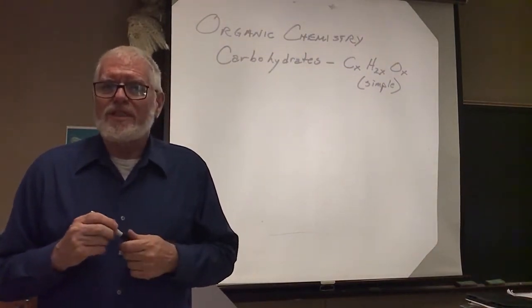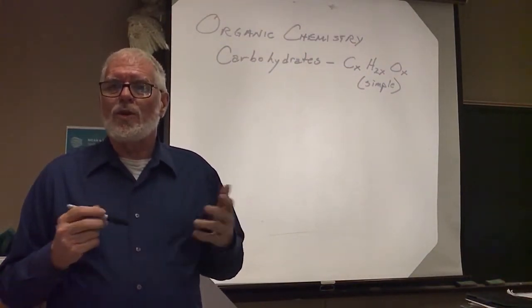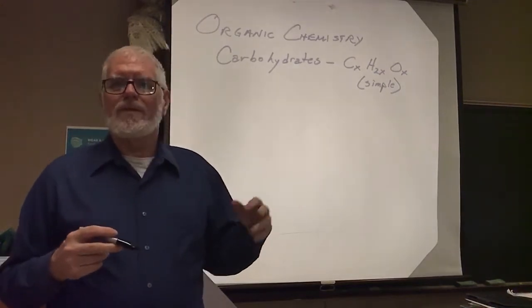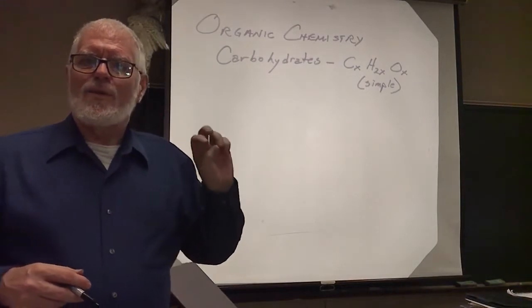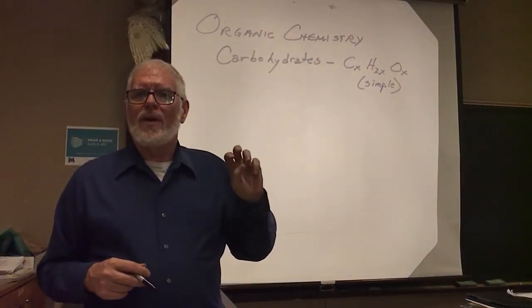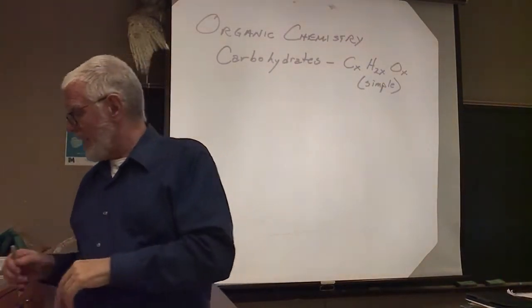If you got 5 carbons, you got 10 hydrogens and 5 oxygens. Glucose, 6 carbons, 12 hydrogens, 6 oxygens. So that's a 1 to 2 to 1 ratio, which was one of the early things that they found out.